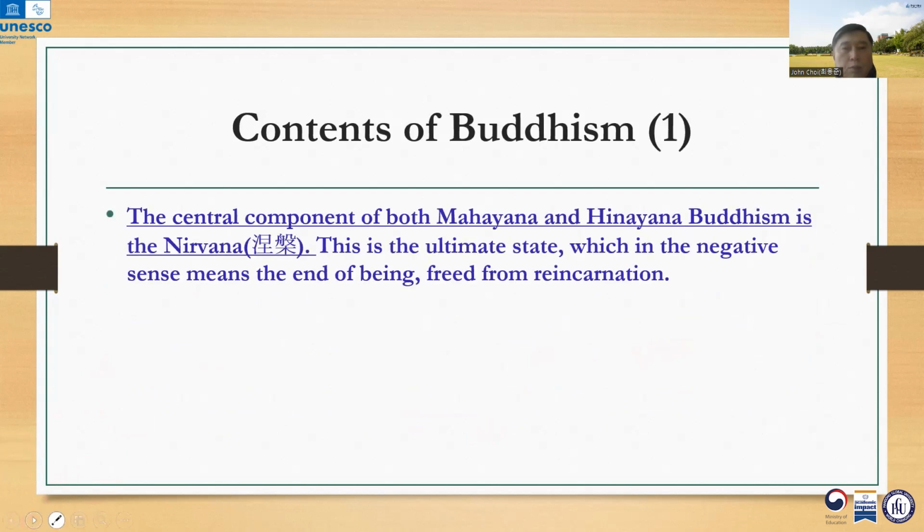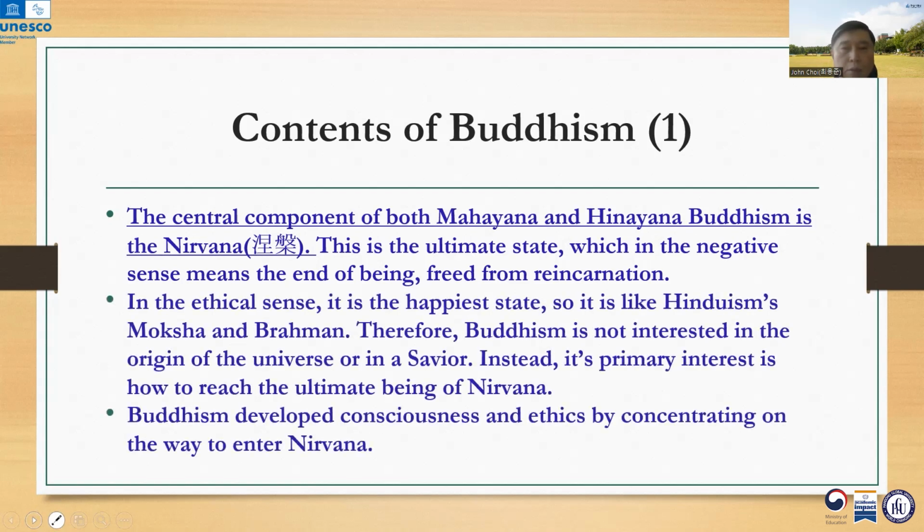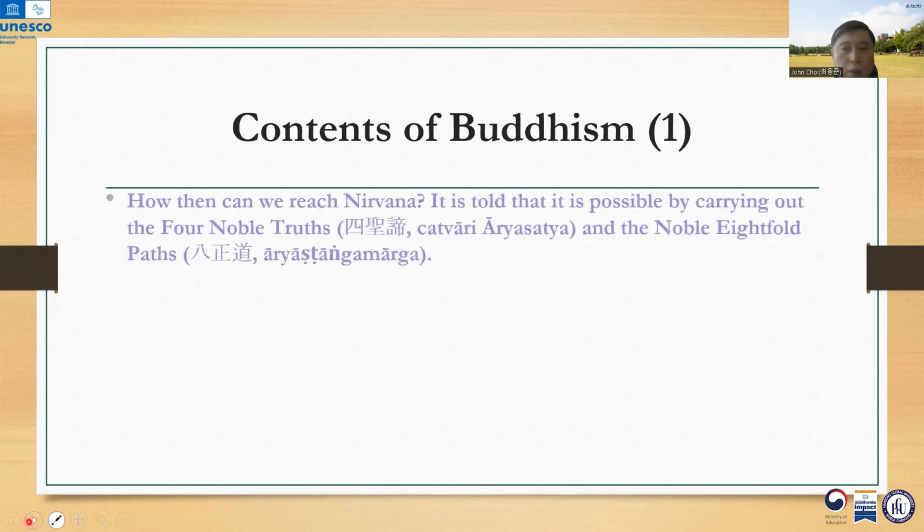About the contents of Buddhism, I first mentioned that the central component of both Mahayana and Hinayana Buddhism is nirvana. And then I explained that in detail with the Four Noble Truths and the Noble Eightfold Path to achieve it.